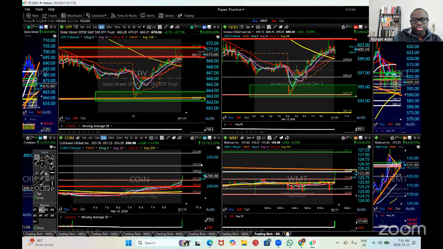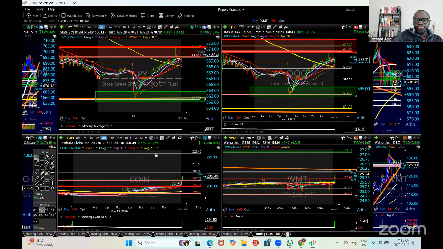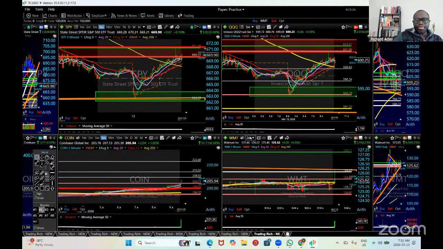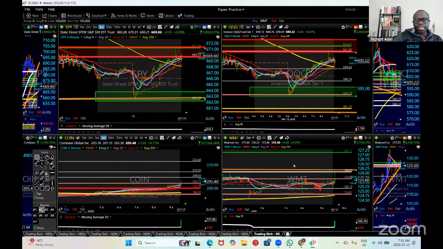Coinbase too is looking good. For both, let's wait for the first 5 minutes candle to close, and then we can take a trade.